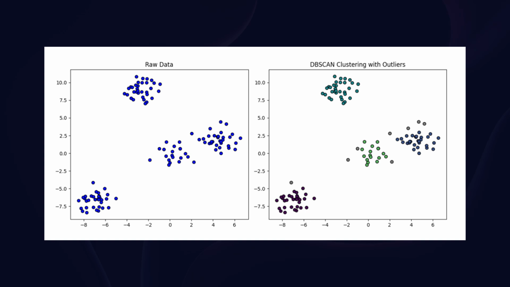As you can see, there are four groups of dots with their own individual colors. Yet beside them, there are some that are colorless, or you can call it gray. And those are the outliers. So that's what DBSCAN is good for. It's good for data that's not reliable.